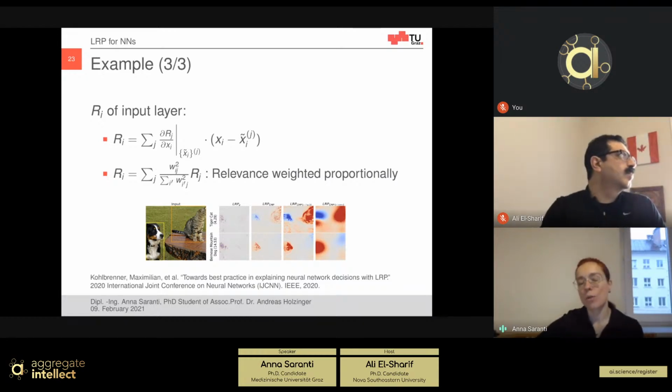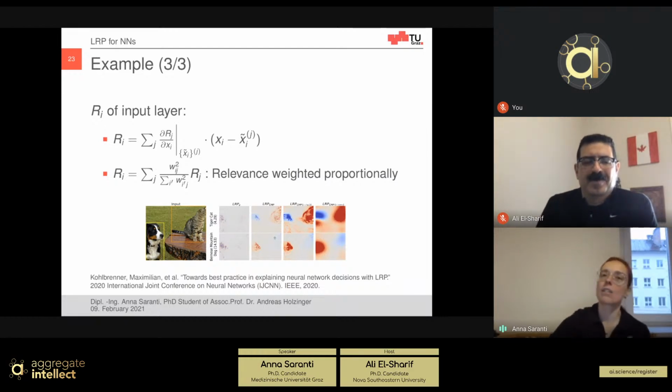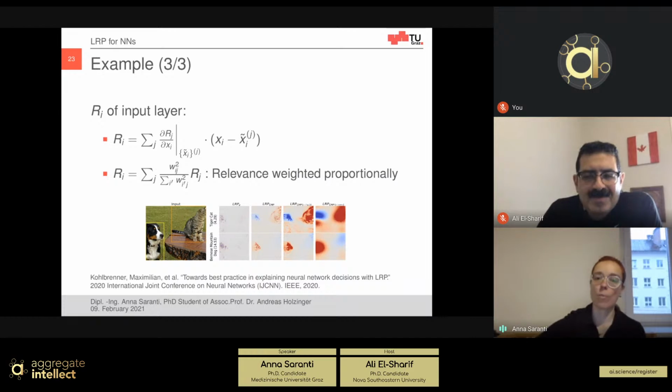But if this neural network predicts that this is a dog, then the dog played the most positive role for the prediction, and the cat is something that irritates the network towards not predicting with such a great certainty that this was actually a dog.